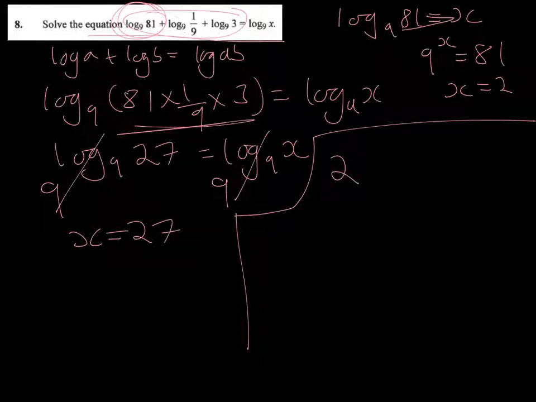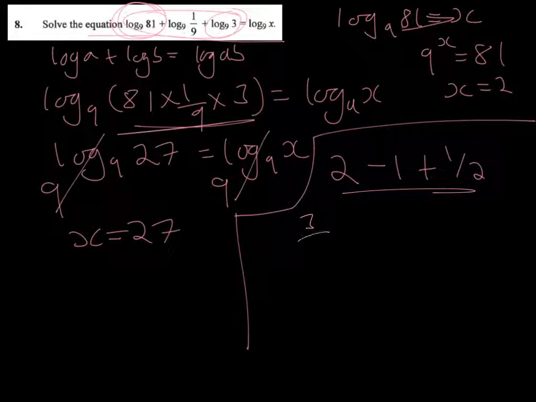Log to base 9 of 1 over 9 is going to be 9 to the negative 1. And then here log to the base 9 of 3 is going to be the square root, so that would be plus a half. So here we're going to end up with 1.5, or 3 over 2, is equal to log to the base 9 of x.